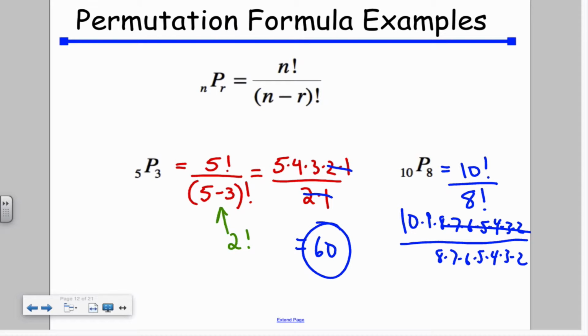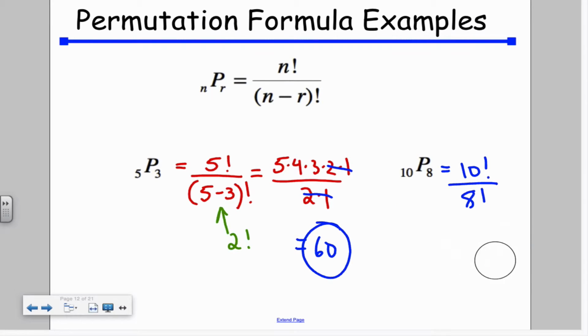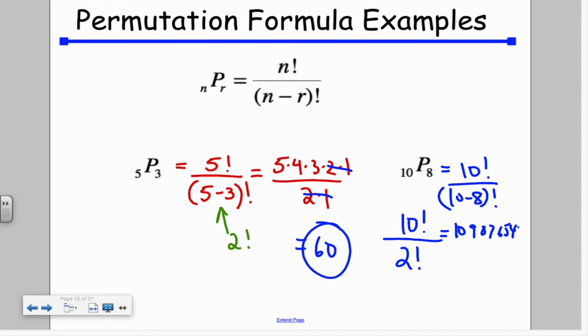I did make a mistake. Okay, it's not 8 factorial. It is 10 minus 8 factorial. So this is really 10 factorial over 2 factorial, which is 10, 9, 8, 7, 6, 5, 4, 3, 2 over 2 times 1. So we're going to cross out the 2, and we're left with 10 times 9 times 8 times 7 times 6 times 5 times 4 times 3. I'll let you use a calculator on that to get the big number.